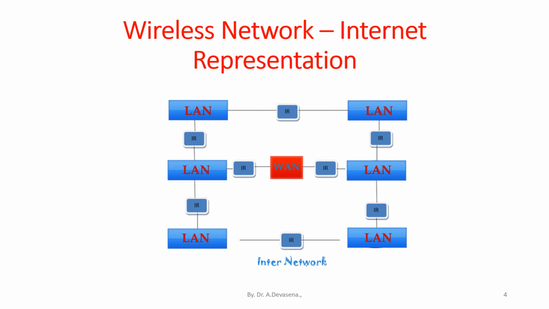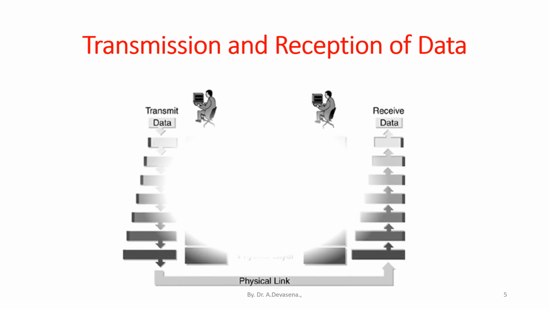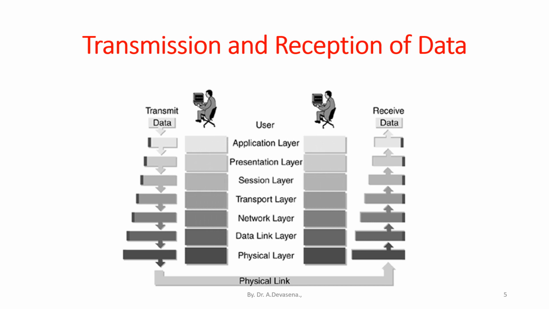This is indicated here. See how the transmission and reception of data takes place between the 7 layers of the OSI model. This is the representation of the 7 layers of OSI. At one end, the data is being transmitted.